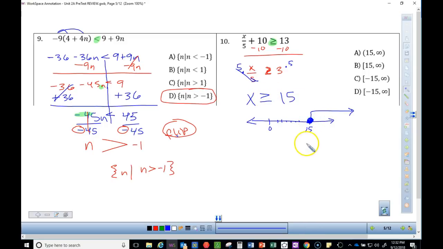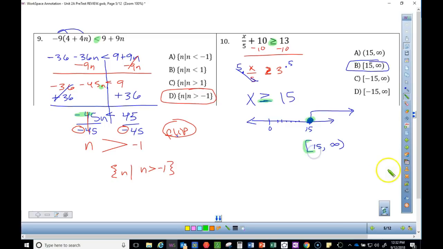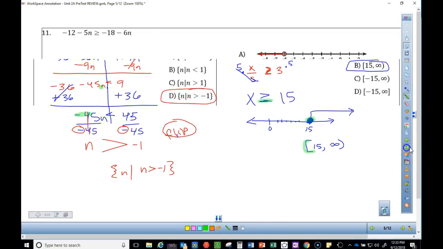That means we've got a closed circle on 15, and it goes all the way to the right, which goes to infinity, and infinities never have brackets, so we're looking at B. The bracket is because the circle was closed because it had equal to. Equal to causes it to be closed, which causes a bracket. You're doing great.